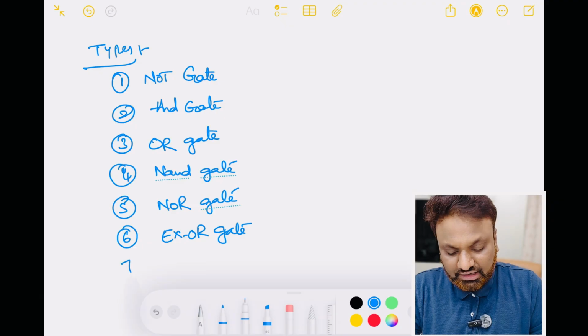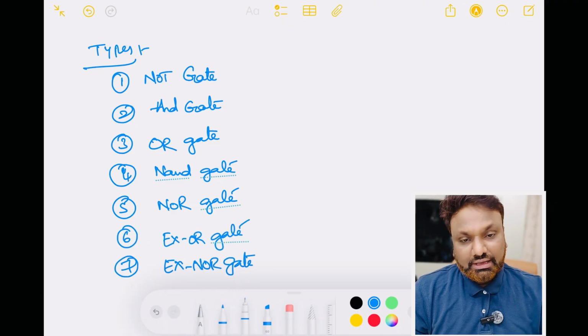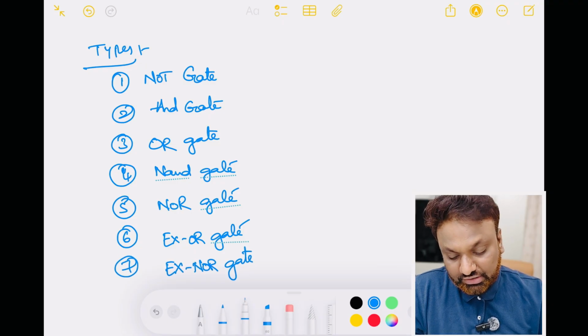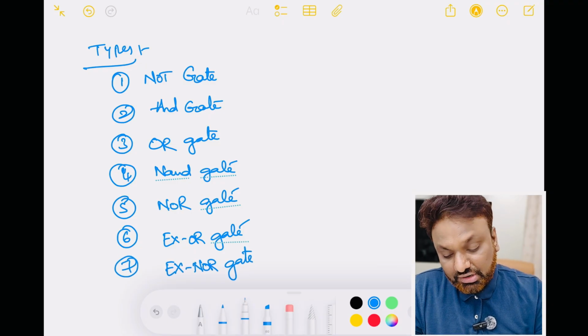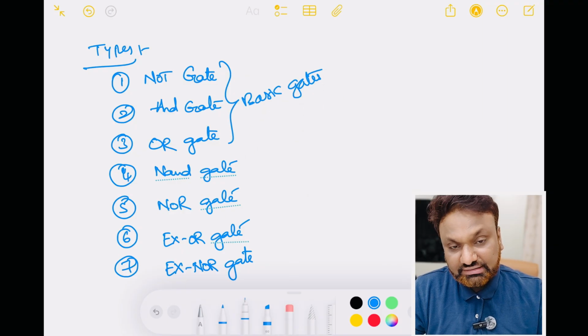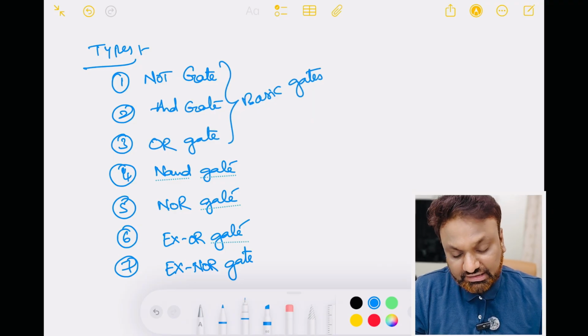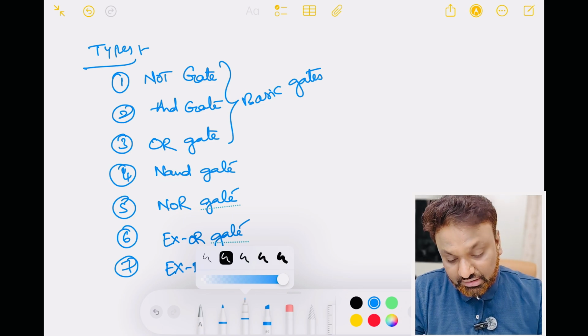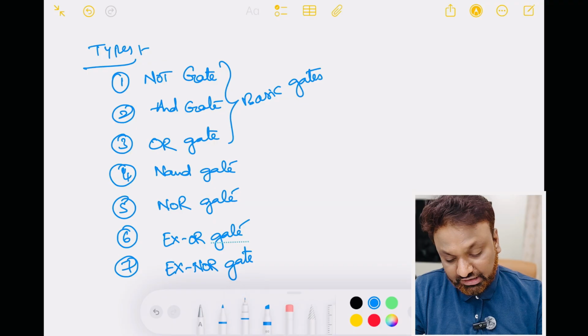And seventh, exclusive NOR gate. Okay, NOT gate, AND gate, OR, NAND, NOR, XOR and XNOR, out of which NOT gate, AND gate, OR gate are called our basic gates, right. The other gates are just, NAND is the complement of AND, a combination of AND and inverter, that is NOT gate, right. Sorry, AND and NOT gate is NAND gate, okay.